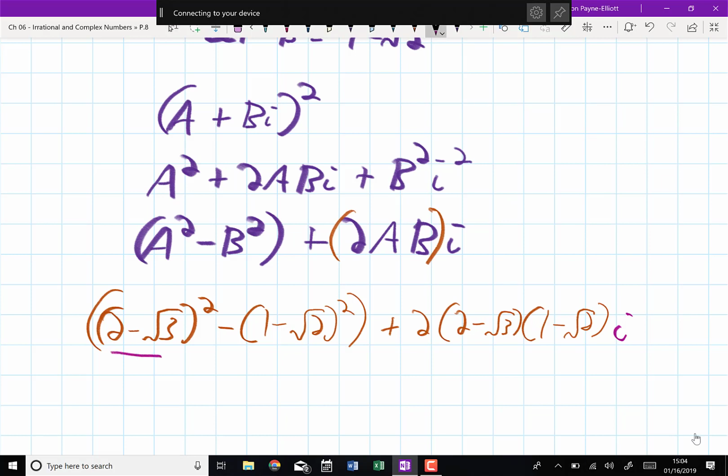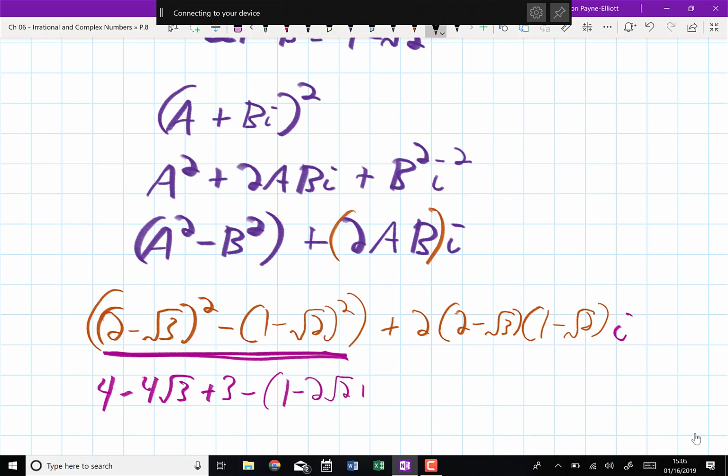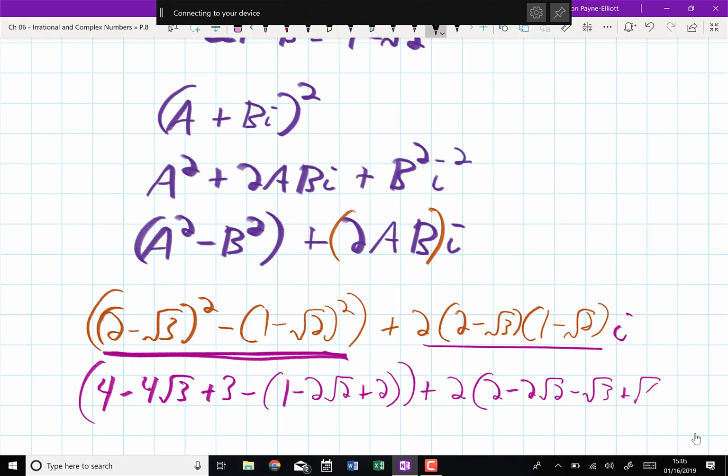So now we're going to actually have to simplify all this out. 4 minus 4 root 3 plus 3, minus (1 minus 2 root 2 plus 2), plus, now we're going to simplify this, 2 times first minus 2 root 2 minus root 3 plus root 6 and i.